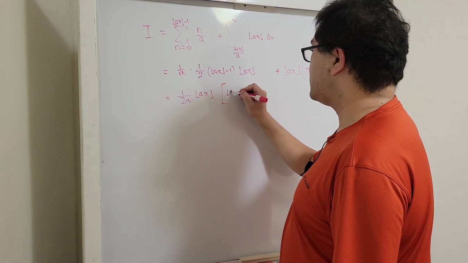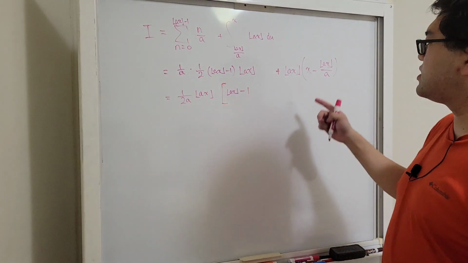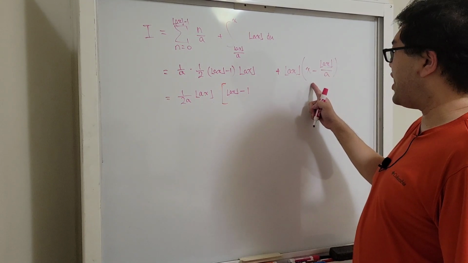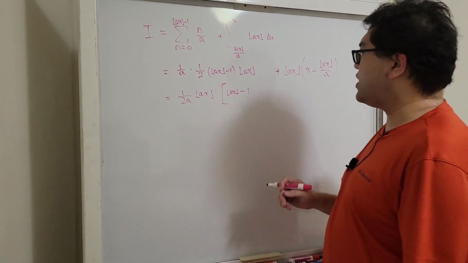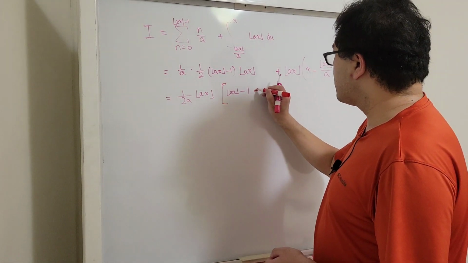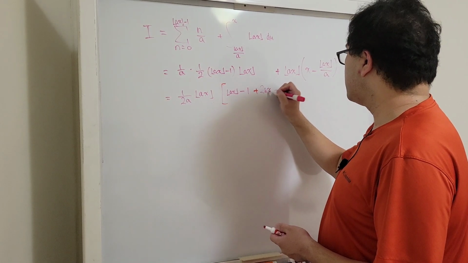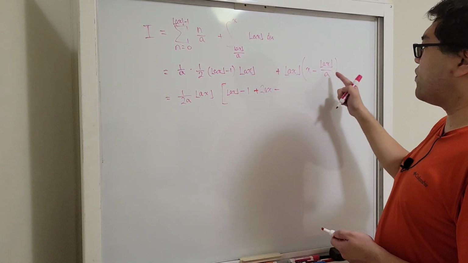Everything is out of parentheses remaining. And then for the second part, we factor out this, and then we factor out 1 over 2a. So the x will turn out to be 2a times x, and then minus, we factor out this, and then we factor out the a.